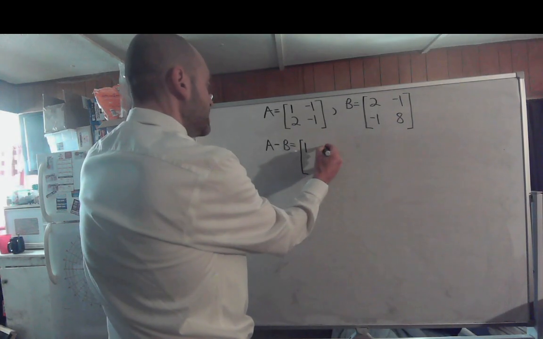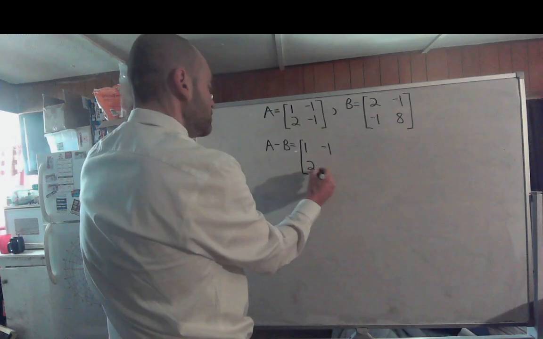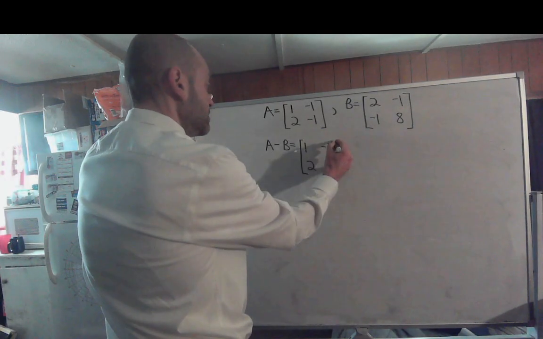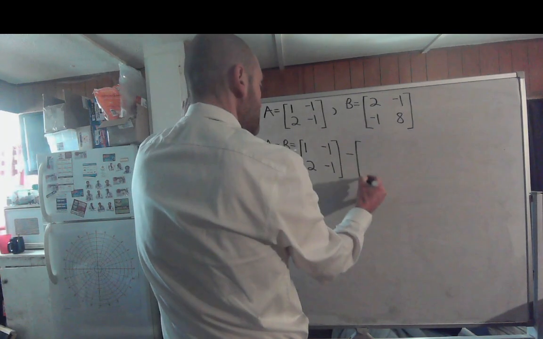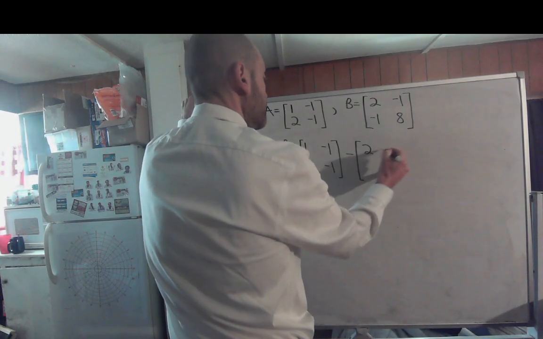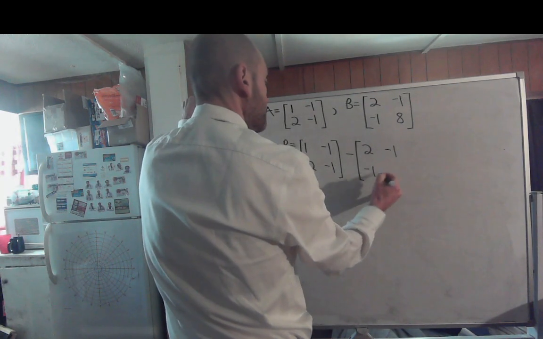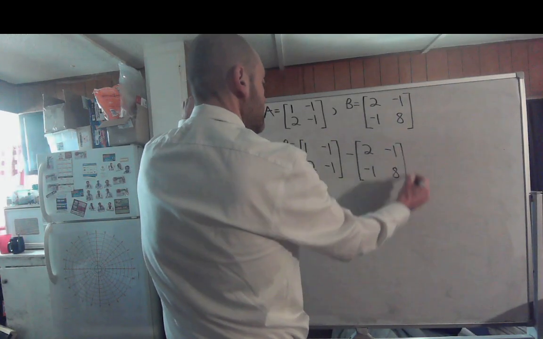You'll have 1, -1, 2, -1 minus that matrix of 2, -1, -1, 8.